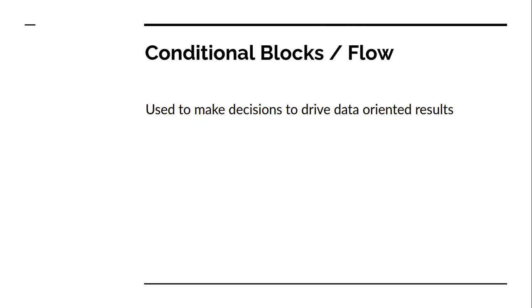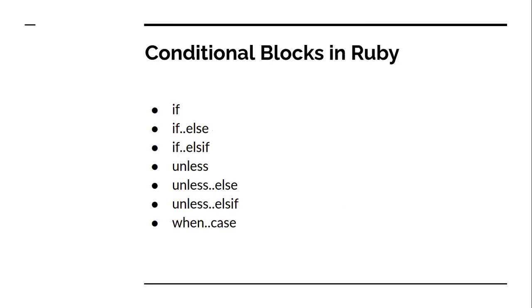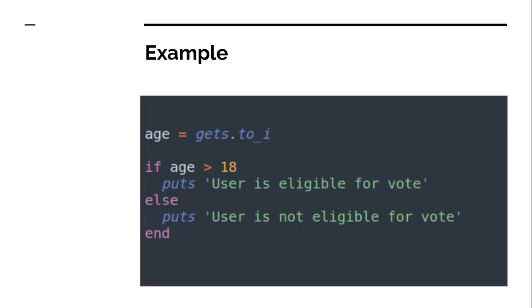Now in Ruby, a conditional flow can be implemented by if, else, elsif, unless, else, and unless, else if, when, and case. For example, look at this program. Here I'm allowing the user to enter an age.